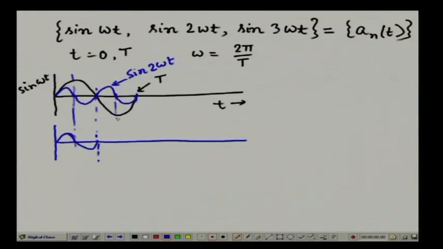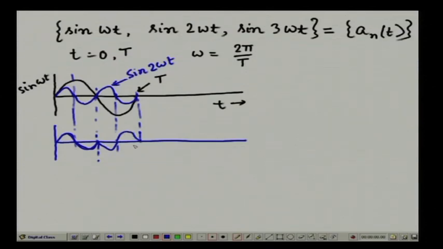In this particular region, sin(2 omega t) is positive, whereas sin(omega t) is negative, so the product is going to be like this. And in this particular region, both sin(omega t) and sin(2 omega t) are negative, so the product is going to be positive. So, it will be of this form.